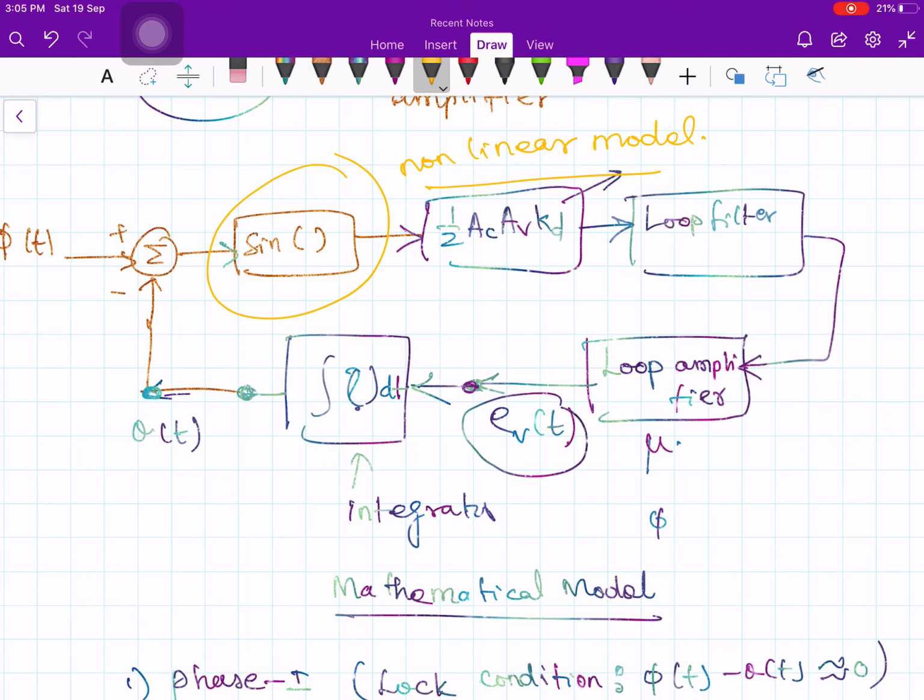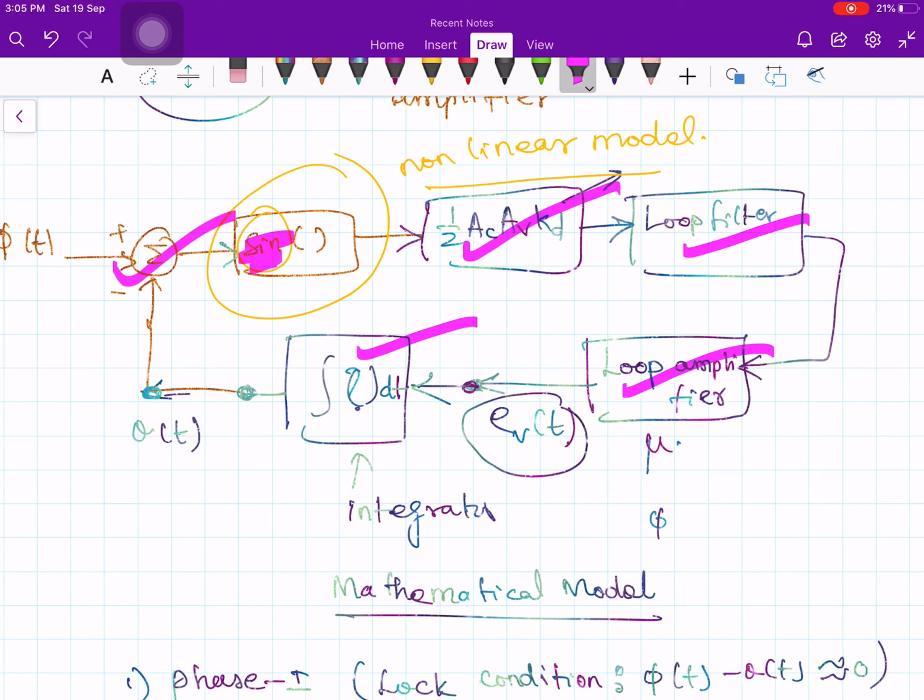Why is it a non-linear model? Because of the presence of the sine function here. Otherwise everything else is linear. Your integration is a linear operation, the filter is linear, the amplifier is linear, this gain is also linear, and this adder is also linear.